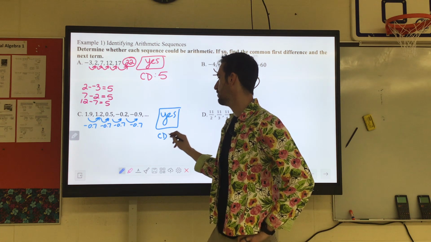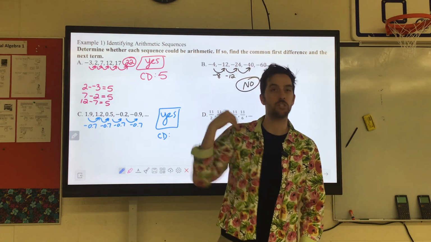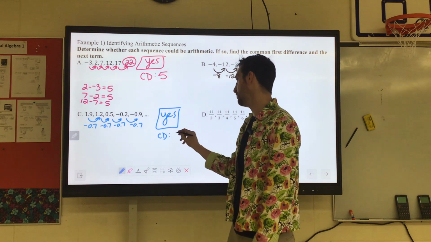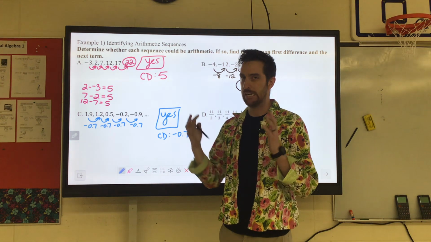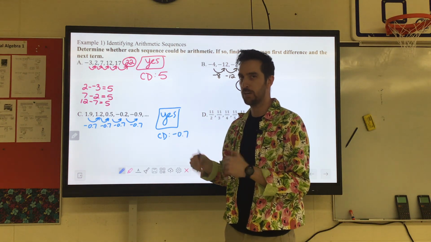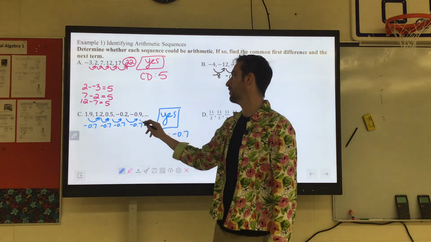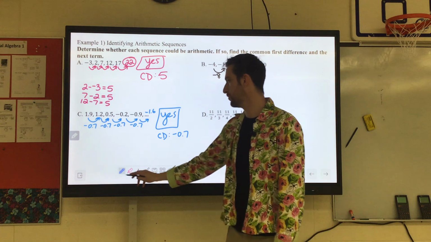When we're saying the common difference here, the common difference is saying what are you adding each time? We're adding negative 0.7 each time. So that would be our common difference. So you have to put it as addition. So even if you're subtracting, you'd say you're adding a negative number. And the next number, if we kept that going, would be negative 1.6. All right, last one.